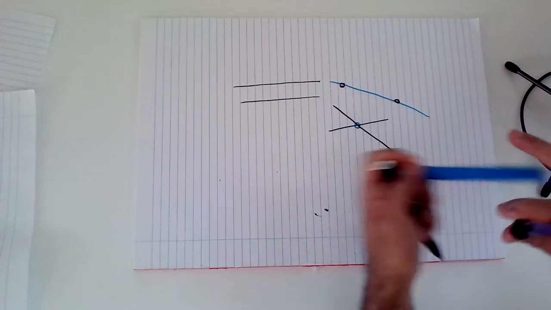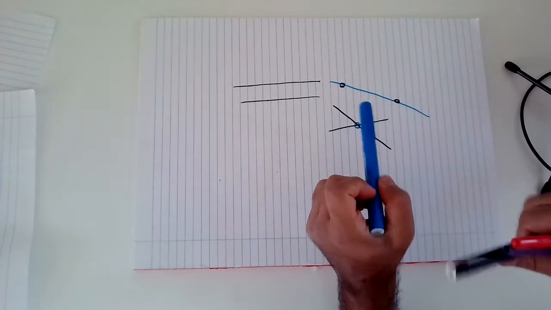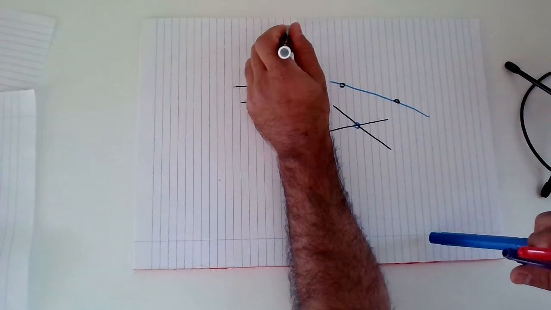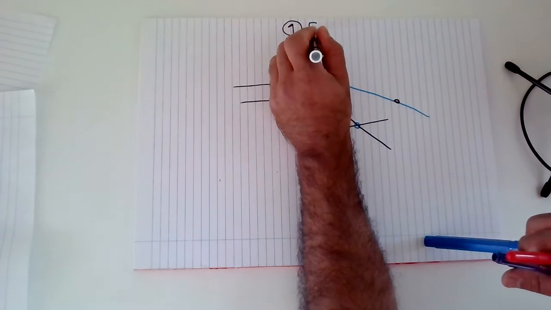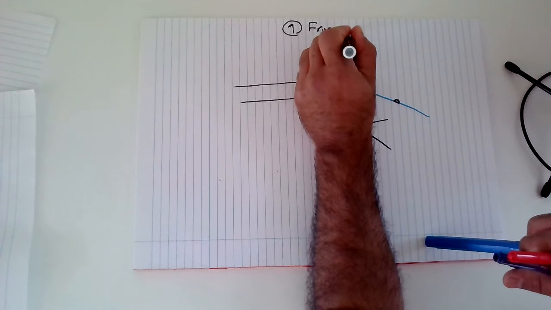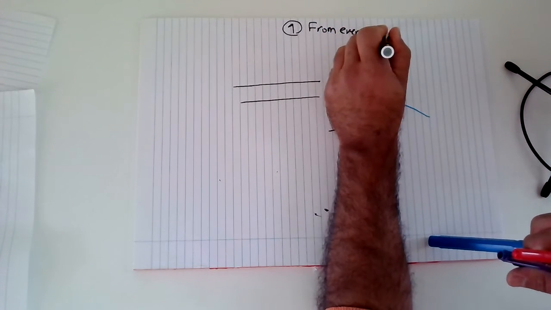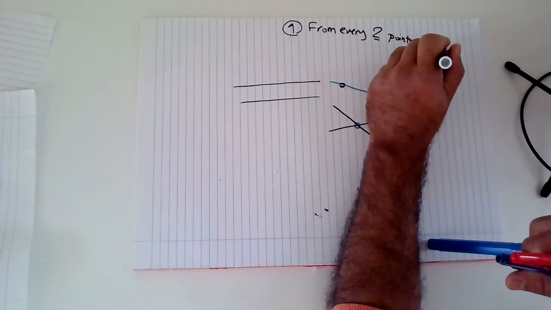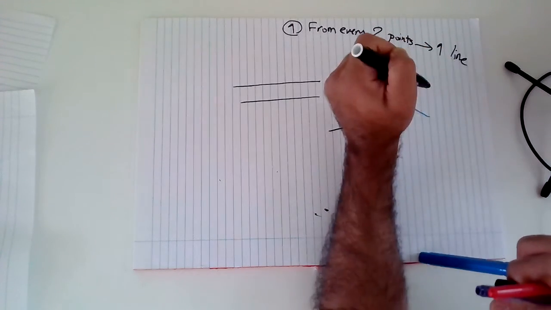In the geometric plane, the goal that we want to achieve is to satisfy 2 properties. One of them is that from every 2 points, we can draw only 1 line, one line that goes through them.